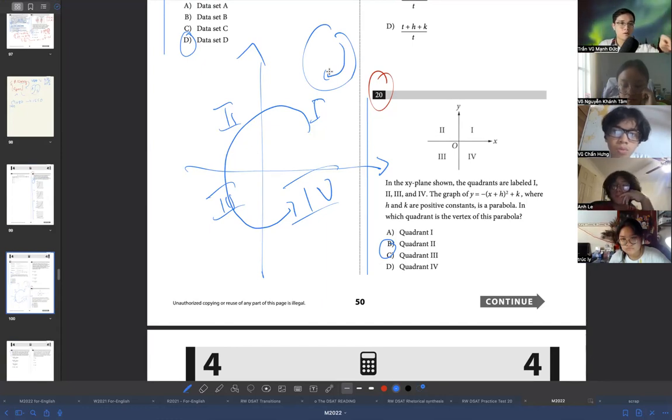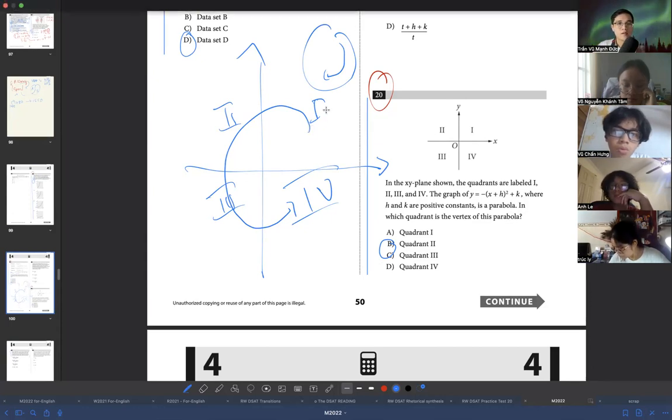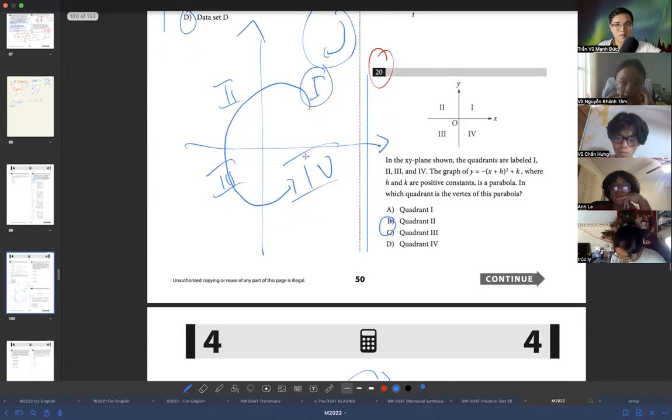This is trigonometry quadrant order. So if they don't give you the labels, you can just assume it's 1, 2, 3, 4 based on the counterclockwise direction. So don't get messed up by this, or else it will be a waste to make this one wrong.